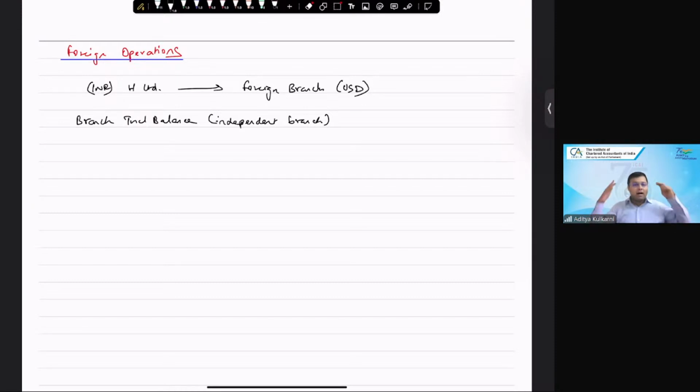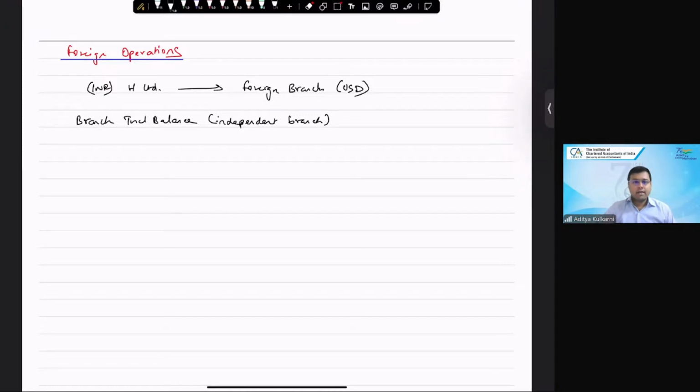I don't have a mind of my own. Whatever I do is because the parent instructs me to. And therefore, since I don't have my own mind, can I have my own functional currency different from the parent? No. It will be the functional currency of the parent, that is INR. That is why I'm taking an independent branch at the moment.